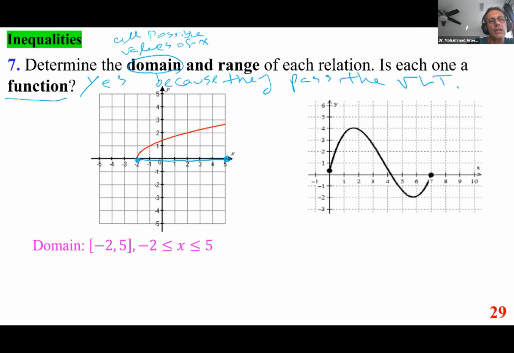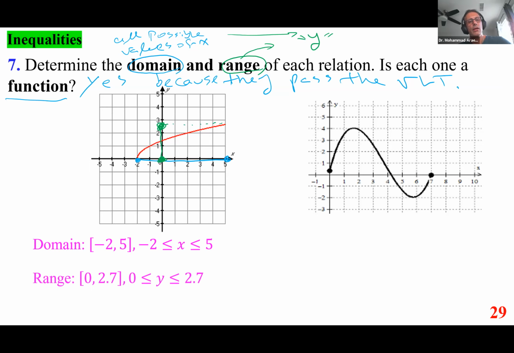That means from negative 2 to 5, or you can say x is between negative 2 and 5. The range is the same thing, all possible values of y, whatever the dependent variable will be. I hope you see that it covers anywhere from here all the way to this point, roughly about 2.7. So from 0 to 2.7.